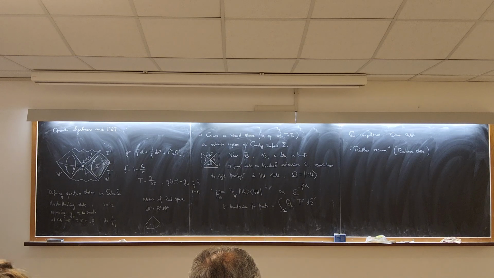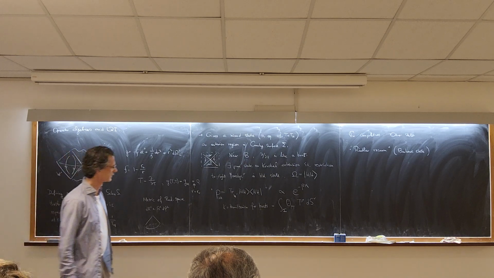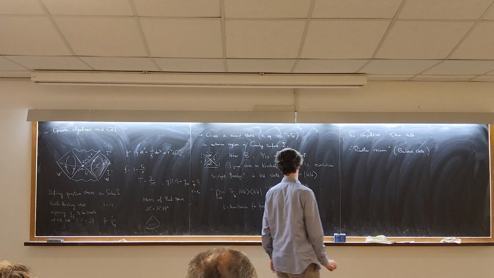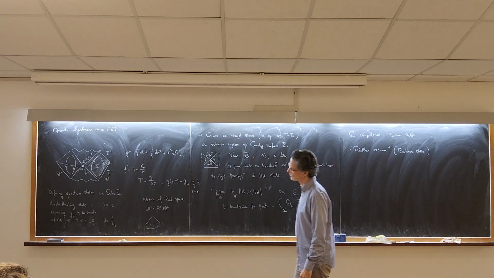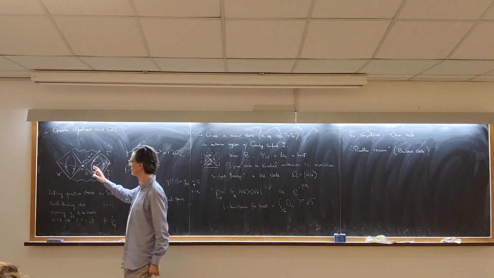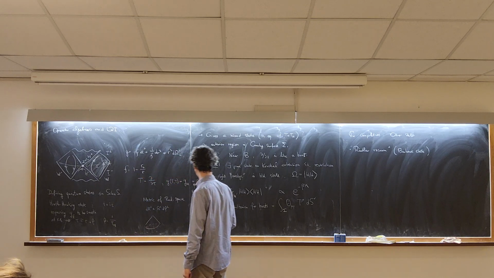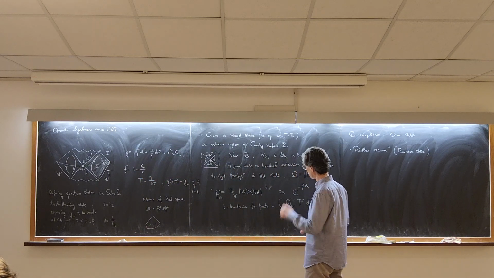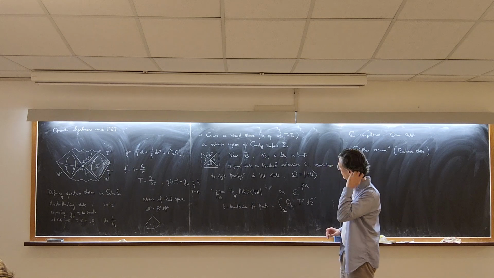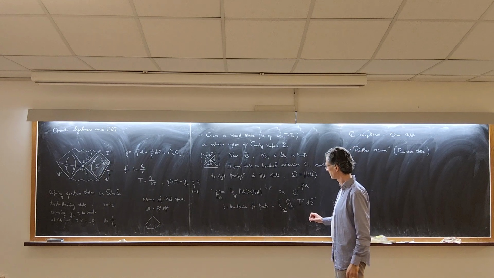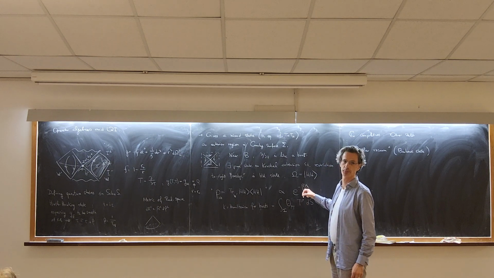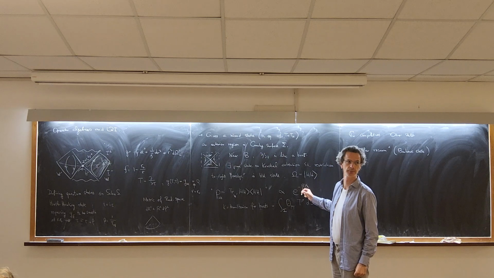So what's the Boulware state? The Boulware state is the following. If you just restrict yourself to the exterior, and you're in the Lorentzian picture, then you can imagine that you're going to look for a state at a different temperature than the Hawking temperature.